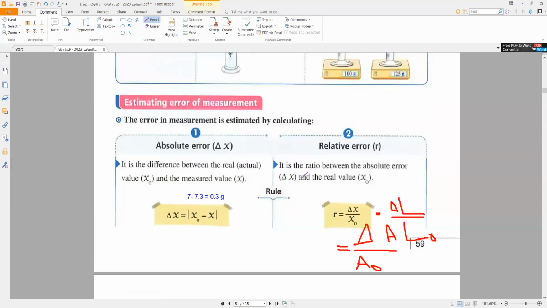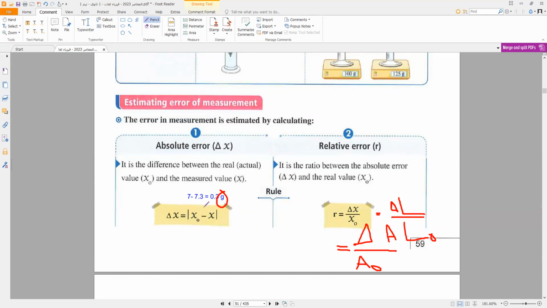Measuring unit: the absolute error has the same unit as the measurement. If you subtract masses or lengths, it has the same measuring unit. From last week, we talked about the dimension formula. When adding or subtracting, the quantities must have the same measuring unit.